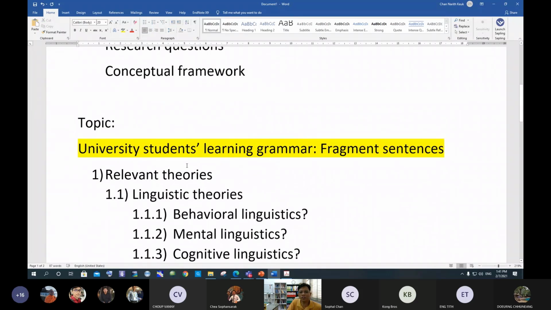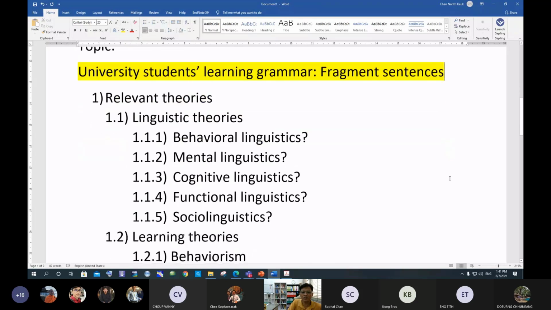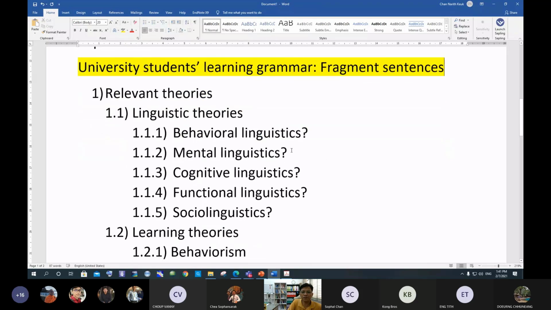Okay, so come back to the topic: university learning grammar, fragment sentences. This one we can have structural linguistics.